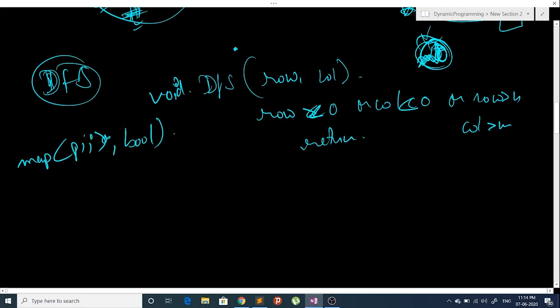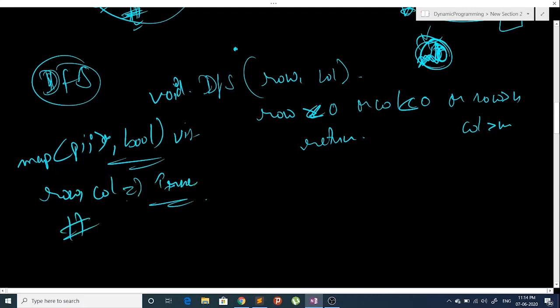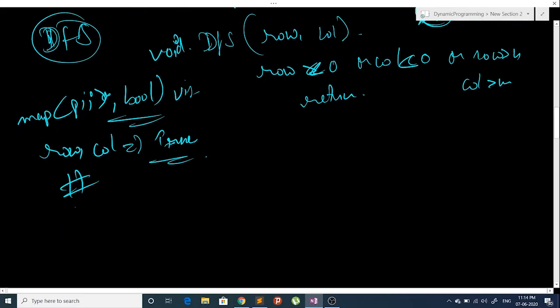I name it visited map. So if I visit a row or column, I just mark it true, and if I reach a hashtag, I just return, or if I reach some bad guy, I just return.